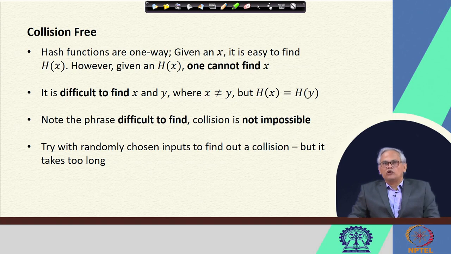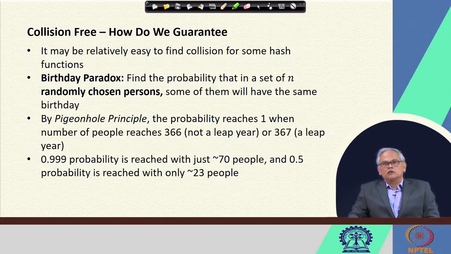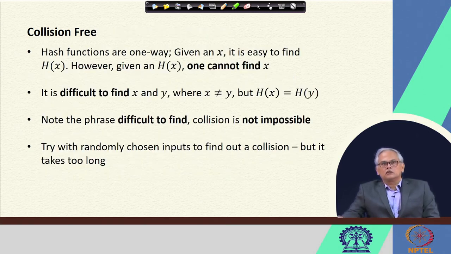This is an important property that we cannot determine x from h of x. This is one of the reasons why these are called cryptographic hash functions, and it is very important that we always have this property satisfied when using them in the context of blockchain.